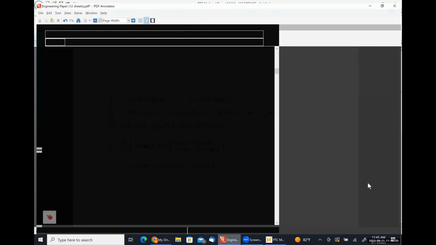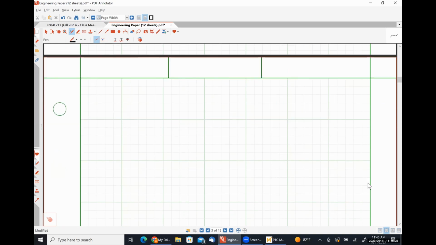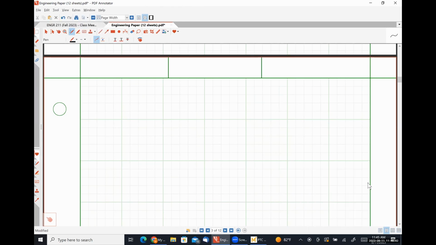So we have been making the assumption that our second coil was part of some separate circuit.